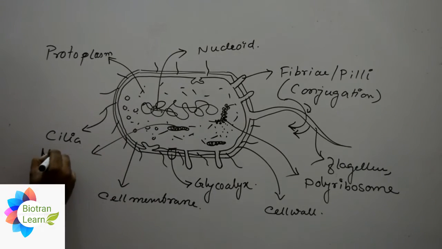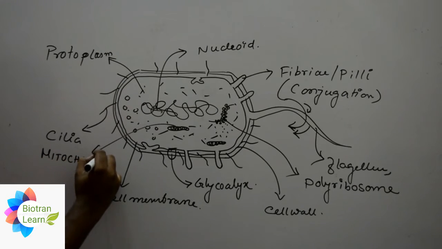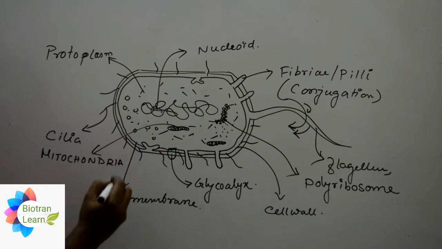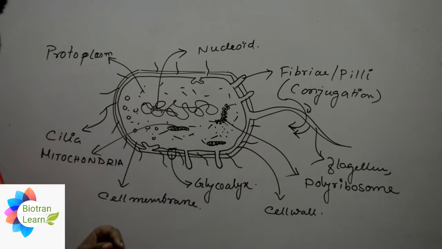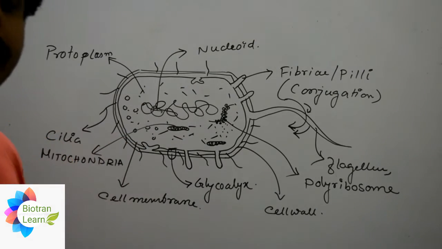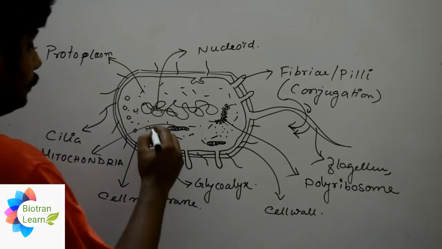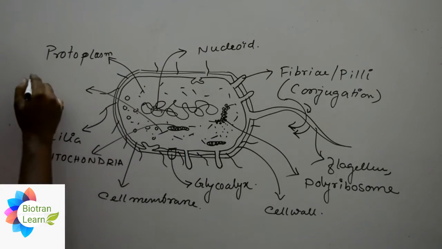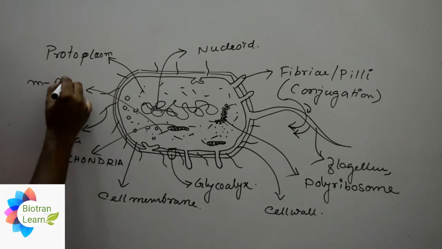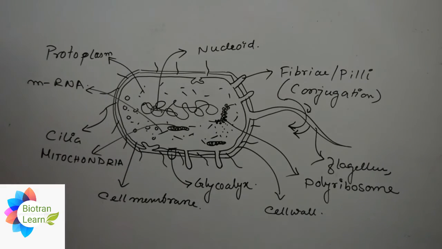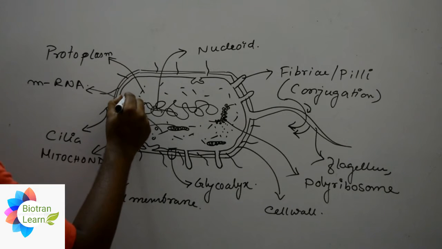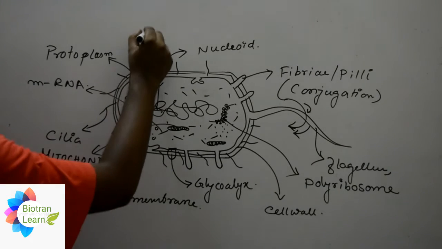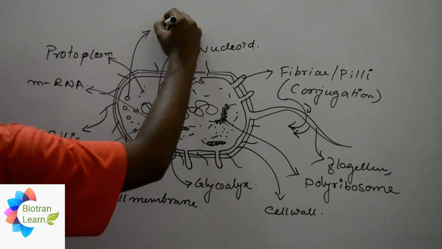That's why we require some amount of mitochondria. And now there are certain amounts of free floating RNA, that is, the messenger RNA. These are mRNAs or messenger RNAs in this particular section. Certain amounts of biological enzymes. There are certain enzymes.